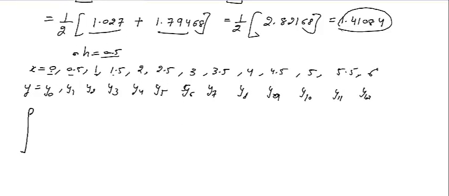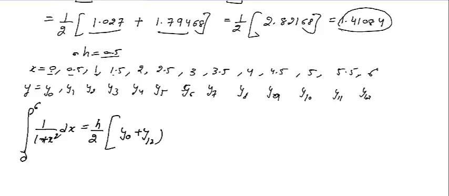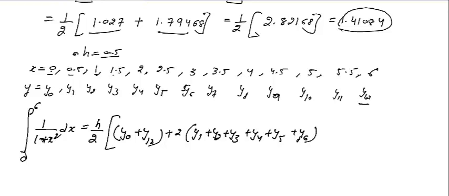So what will the formula become? The trapezoidal rule for the integral from 0 to 6 of 1 over 1 plus x square will become h by 2, where h is 0.5, times y naught plus y12, the first and last added only once, and the others twice: y1 plus y2 plus y3 plus y4 plus y5 plus y6 plus y7 plus y8 plus y9 plus y10 plus y11.